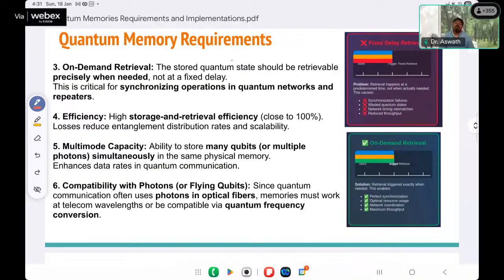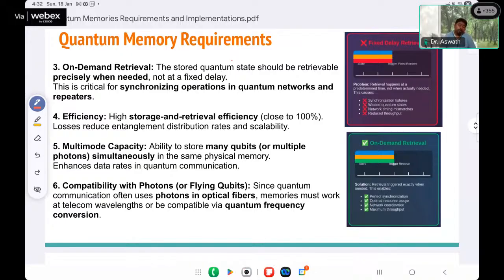Scaling up becomes very, very tough if the efficiency is very low. Also multi-mode capacity, the ability to store many qubits or multiple photons simultaneously in the same physical memory. That enhances data rates in communication.